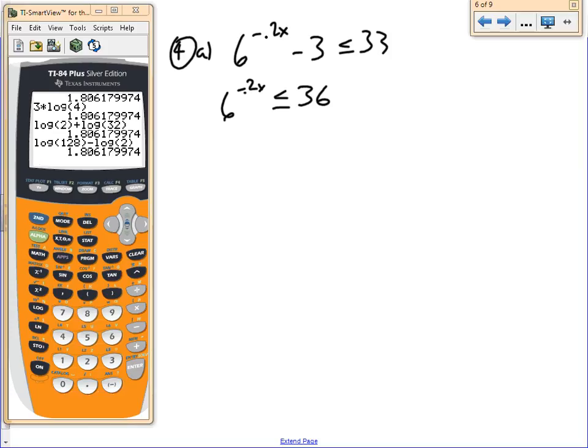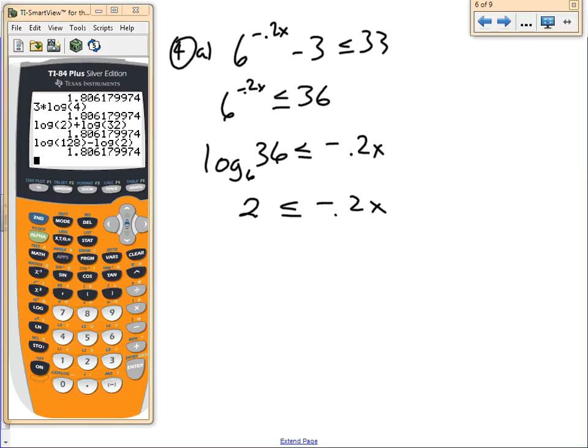So what's my base? So log base 6 of 36 is less than or equal to negative 0.2x. What's log 6 of 36? 2. So 2 is less than or equal to negative 0.2x.